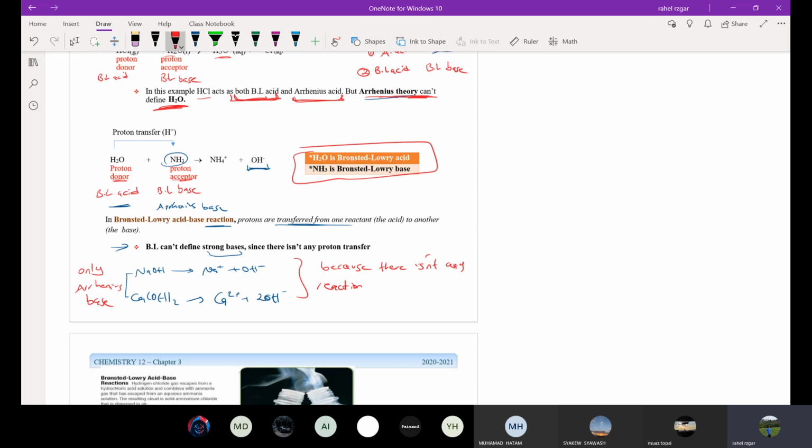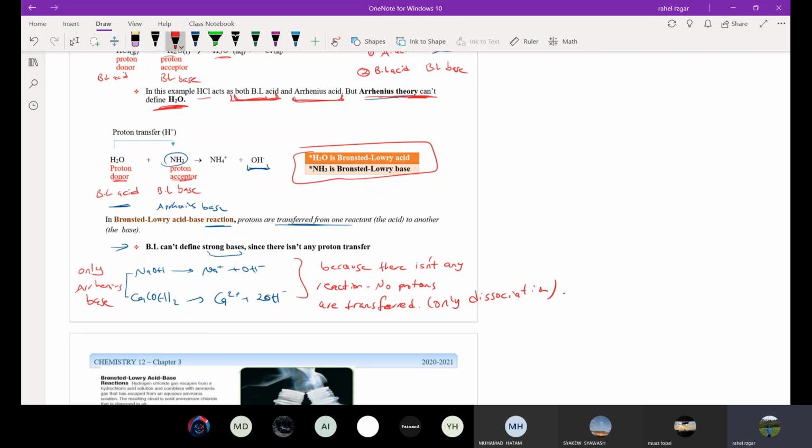So there isn't any reaction here, protons are not transferred, only dissociation.